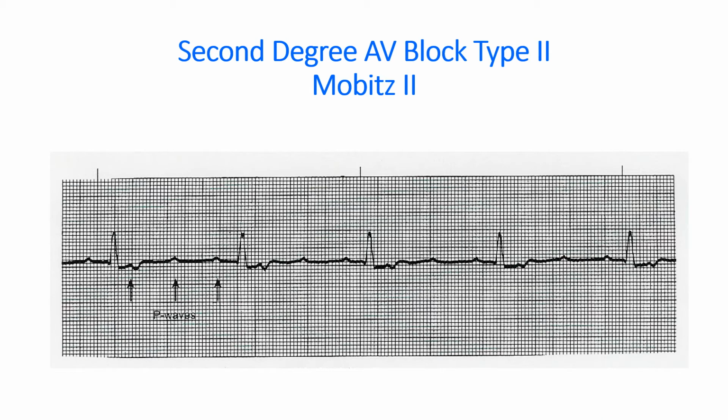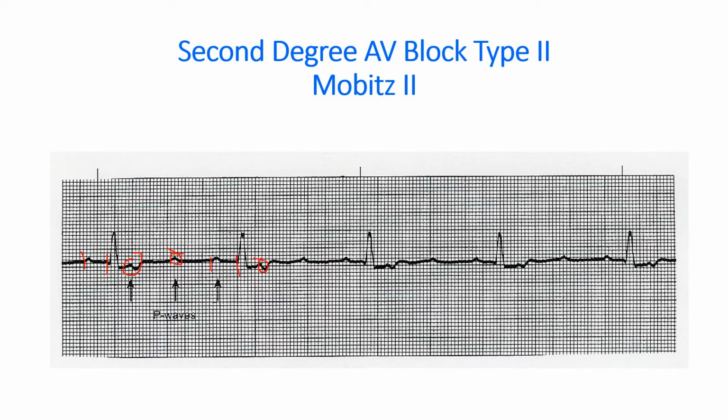Here's another example of second degree AV block type 2. The problem is you now are getting an even higher grade AV block where you have 3 or more P's to a QRS. And again, you can see you have P waves and your PR interval is constant, but you have more P's than QRS's.